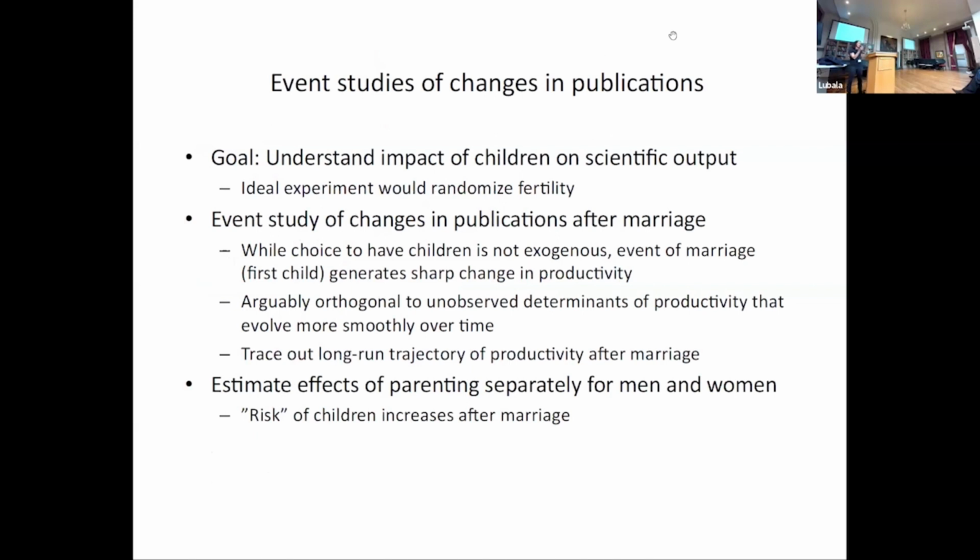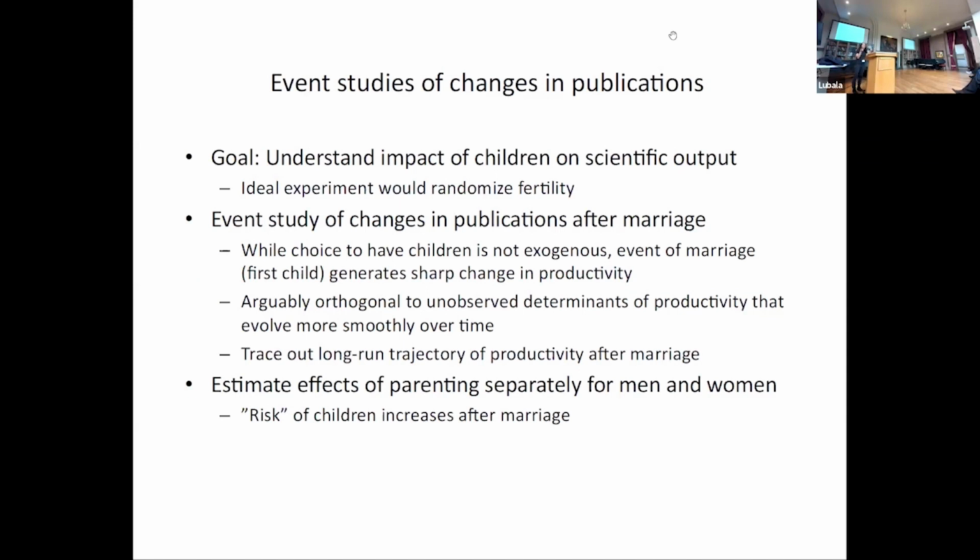Say I might have children because I prefer children over research, or I might just be a slacker, and that's why I have kids. That evolves continuously, whereas the productivity shock of having a kid happens right there.